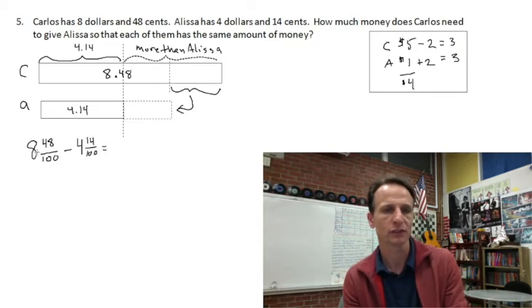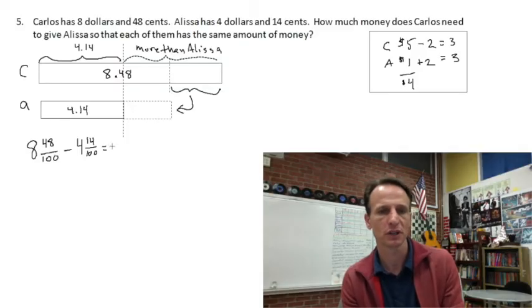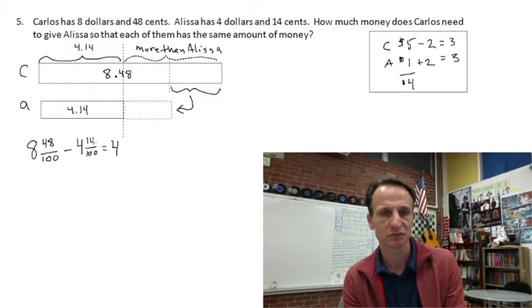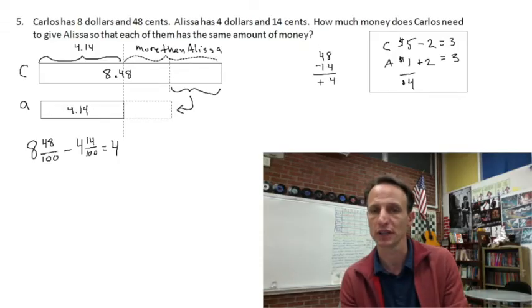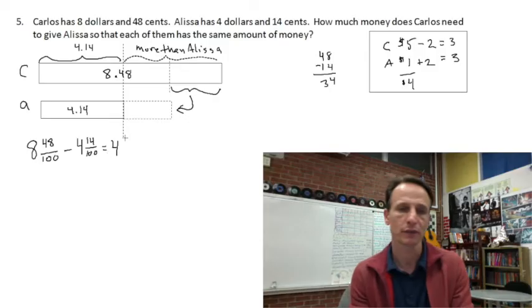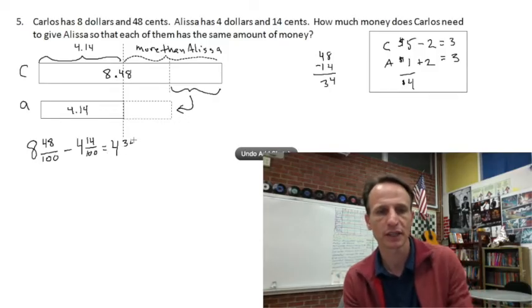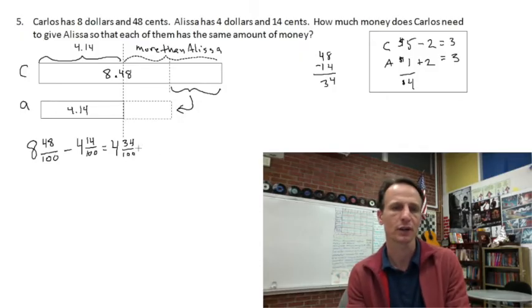What does that give us? 8 minus 4 is 4, and 48 minus 14, if you can see it, that's great. We'll do it out here just in case. 8 minus 4 is 4, and 4 minus 1 is 3. So 34 hundredths.